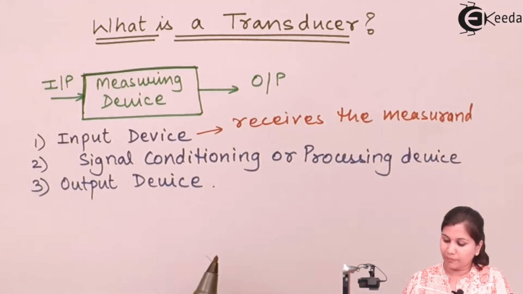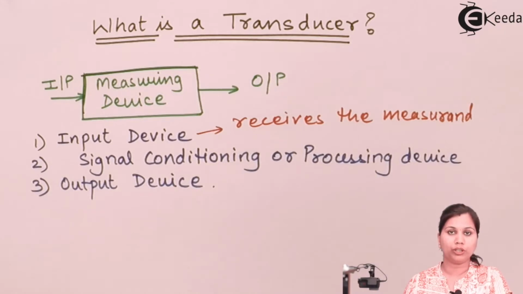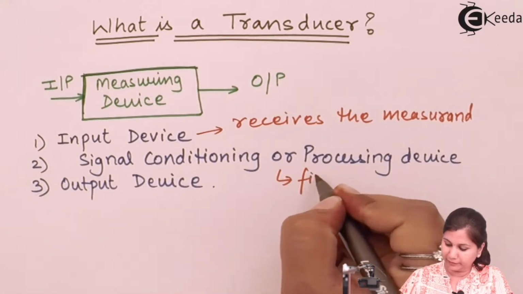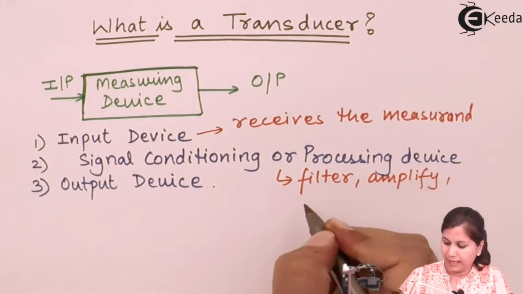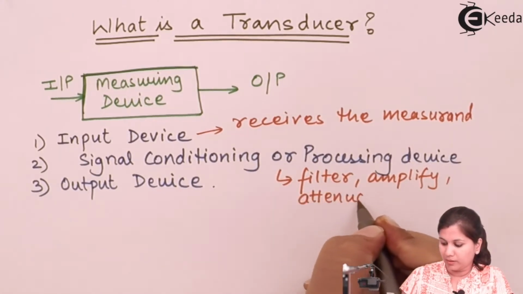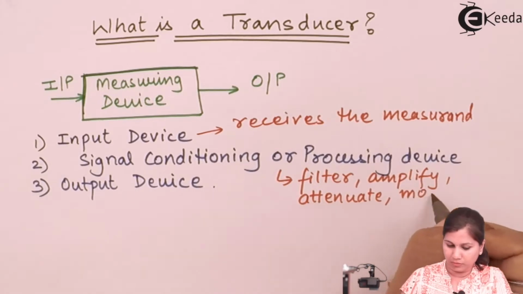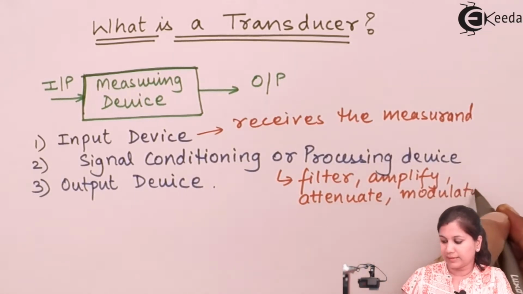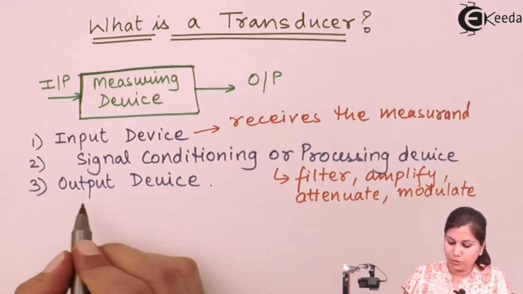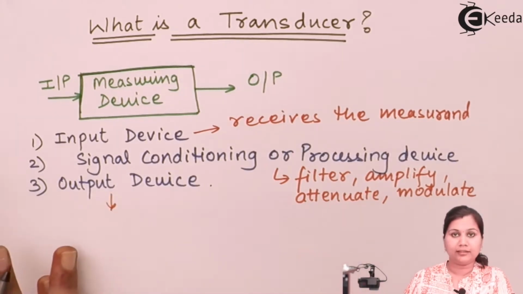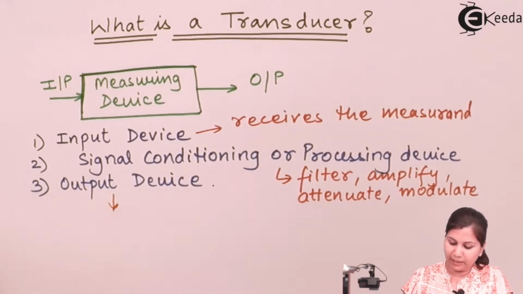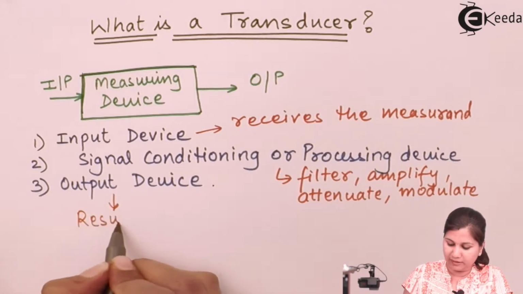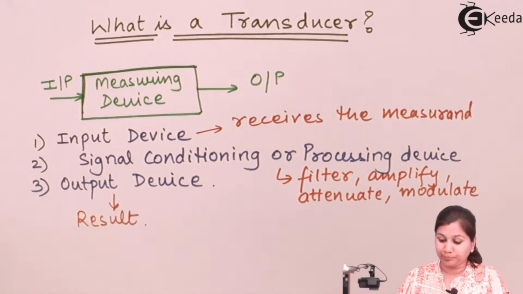The signal conditioning or processing device does the processing of the signal, like it is going to either filter, amplify, attenuate, or modulate the signal, and it gives the processed signal to the output device, and the output device gives us the result of the measurement.